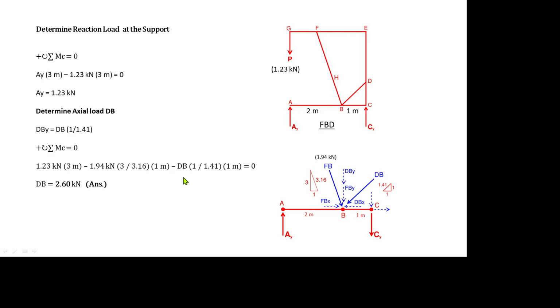Now, the only unknown is DB, so DB is equal to 2.6, and that is the final answer of our problem.